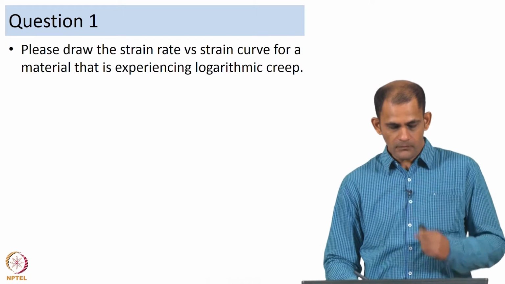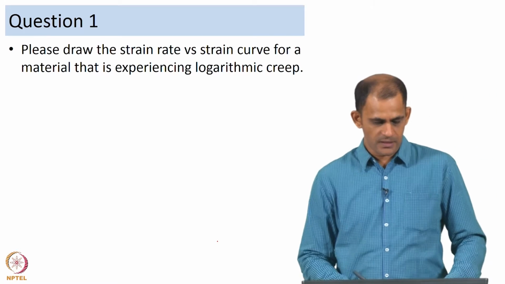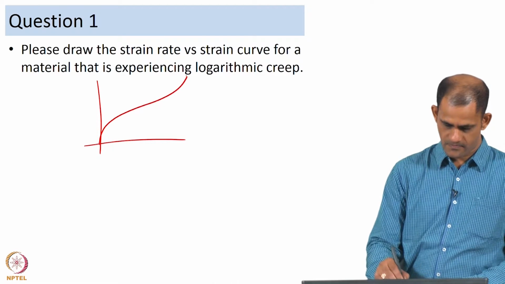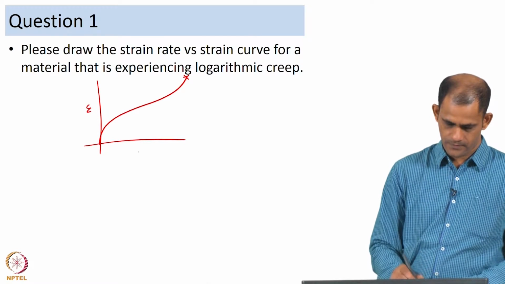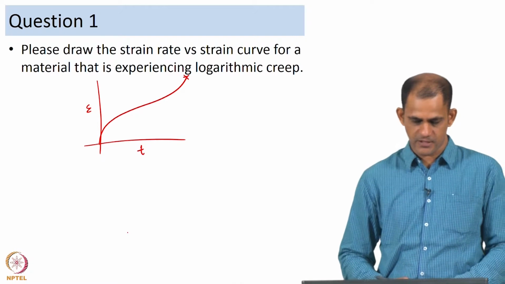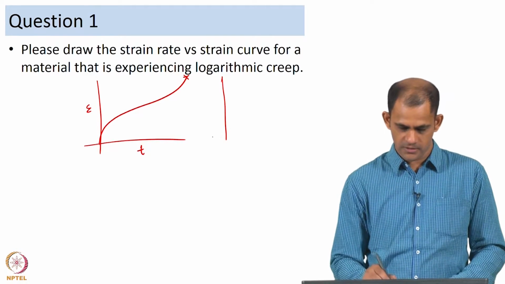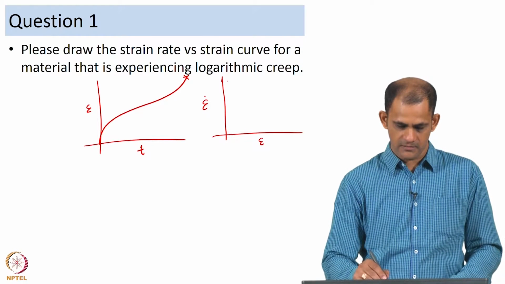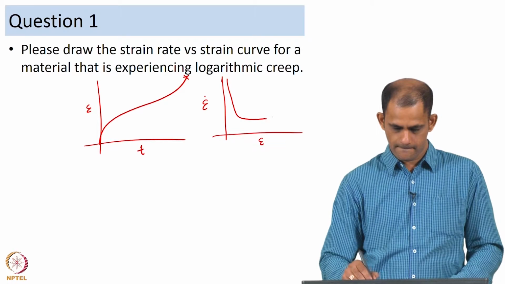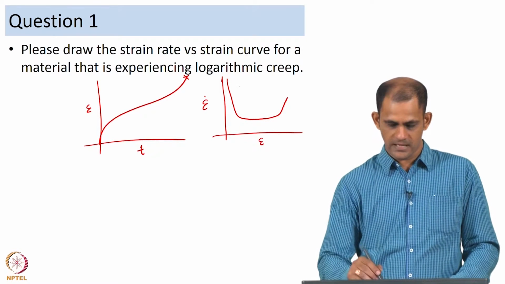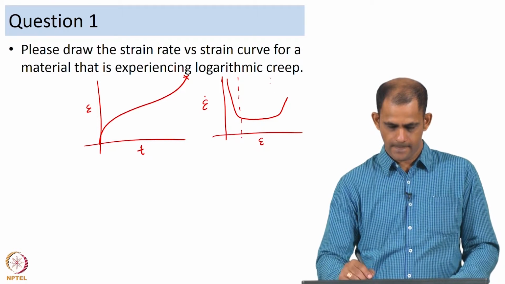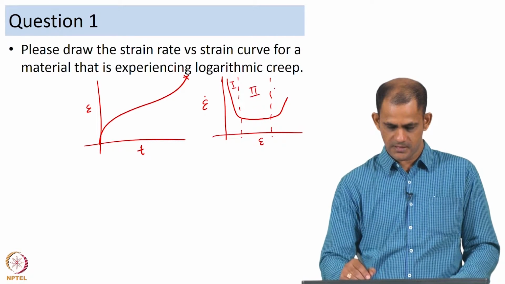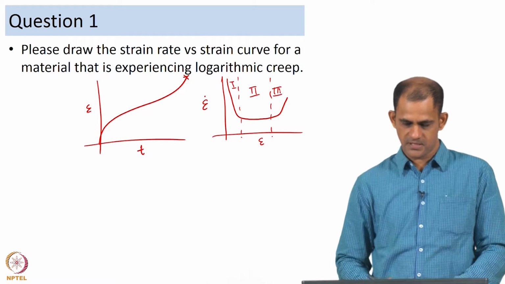For a general creep curve you have primary, secondary and tertiary, and if you plot the strain rate versus strain for a regular creep curve, this is how it will look. This is the primary creep stage, secondary creep stage and tertiary creep stage.